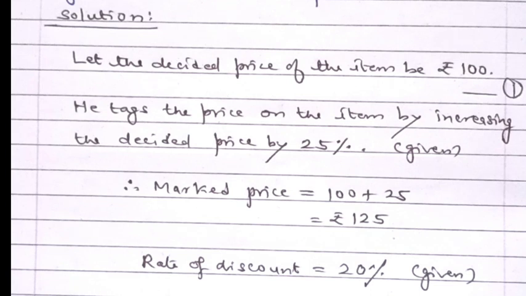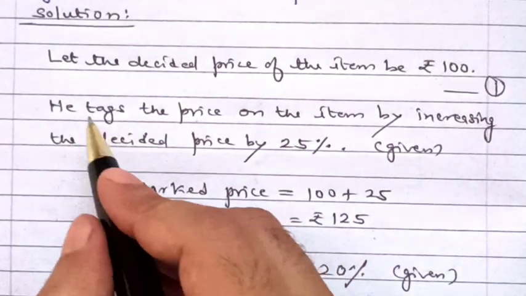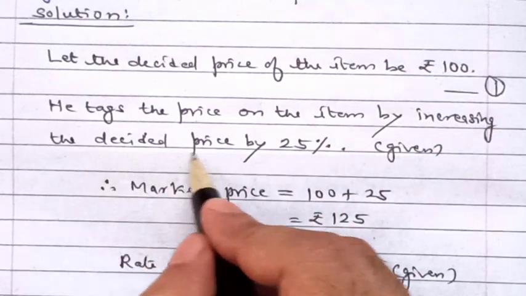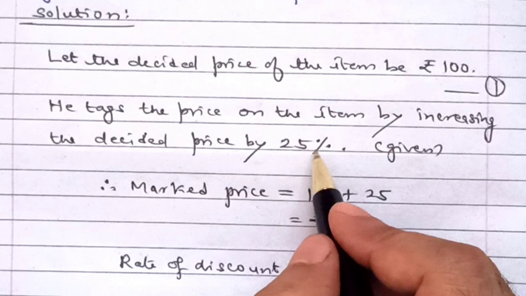We have to check whether this selling price is more or less. If it is more, then what is the percent? If it is less, what is the percent? That's all. Now we'll write, he taxed the price on the item by increasing the decided price by 25%. So his rate was 100.